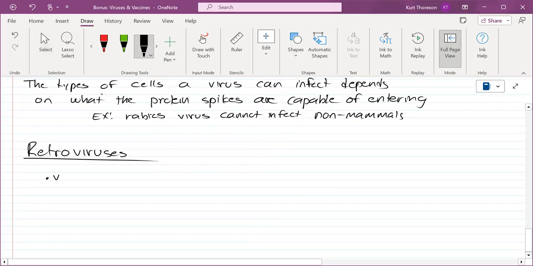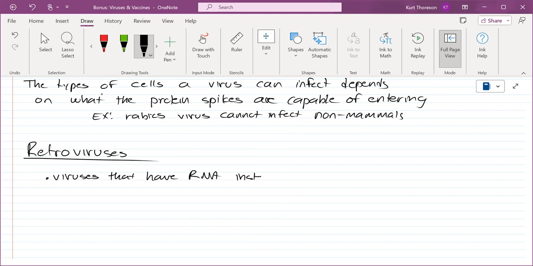These are viruses that have RNA instead of DNA. These types of viruses are considered special.